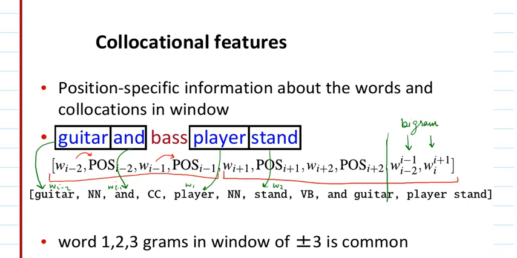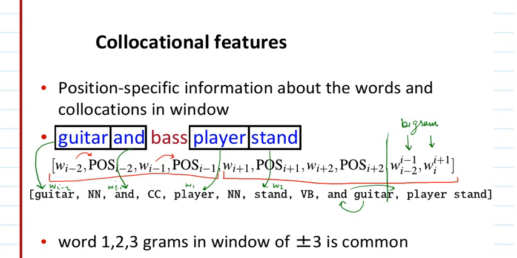So the bigrams are guitar and, and player stand. Wi minus 2 is guitar, so this is somewhat a mistake here, it has to be guitar and, so it has to be replaced. So guitar and is a bigram and player stand is a bigram.